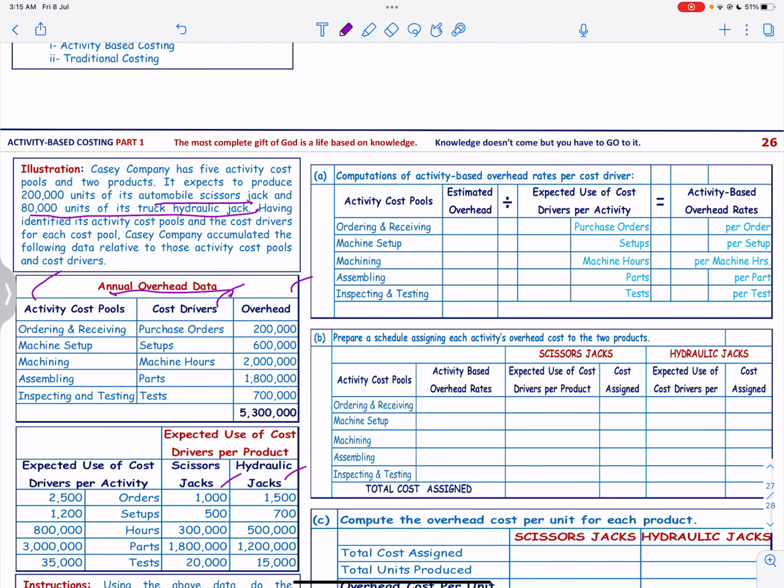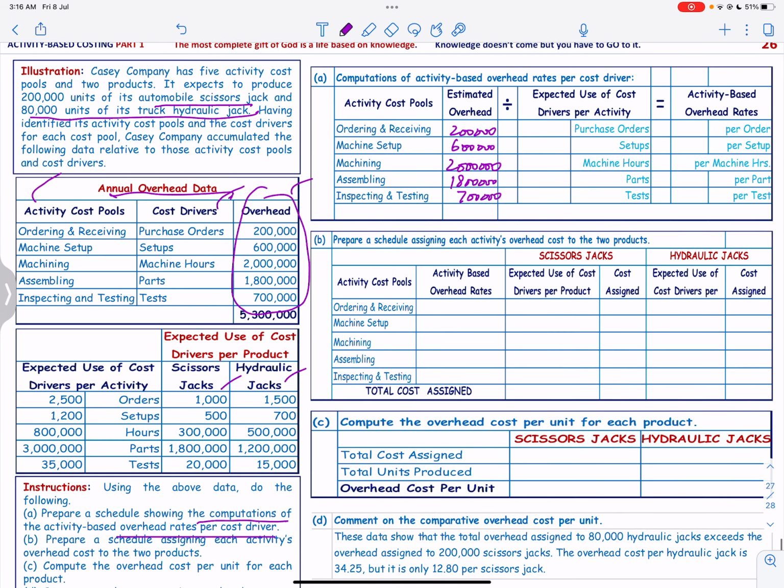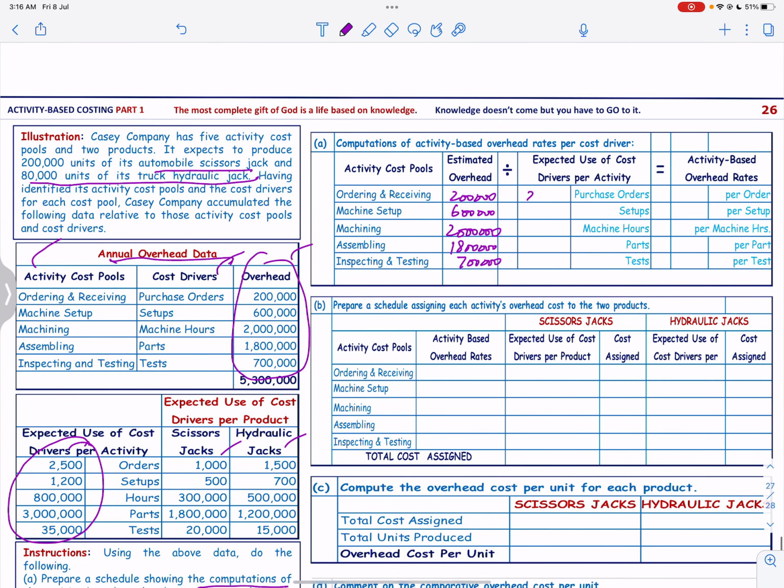Okay, so we have the estimated overhead and that is given to us over here, 200,000, 600,000, 2 million, 1,800,000, 700,000, and the expected use is given to us as 2,500, 1,200, 800,000, 3 million, and 35,000.